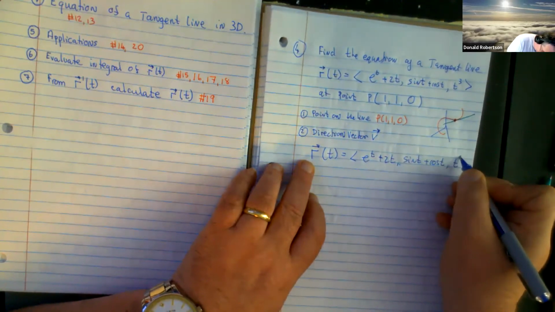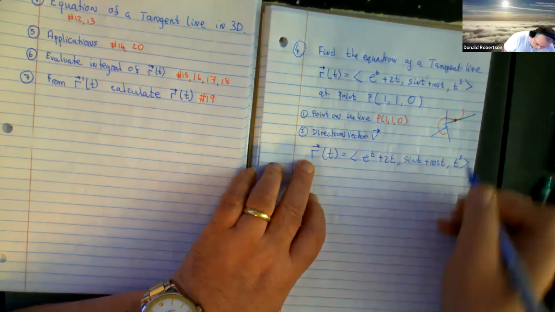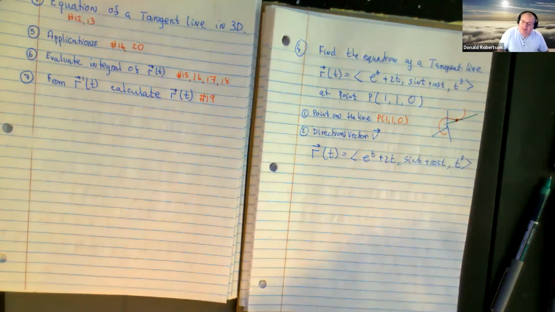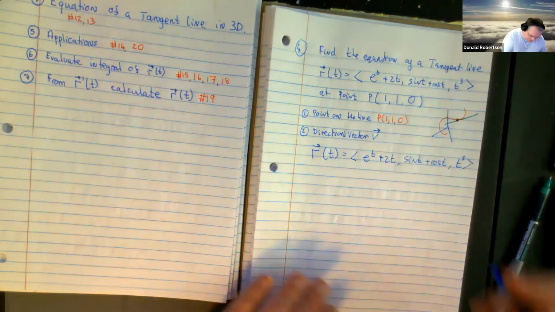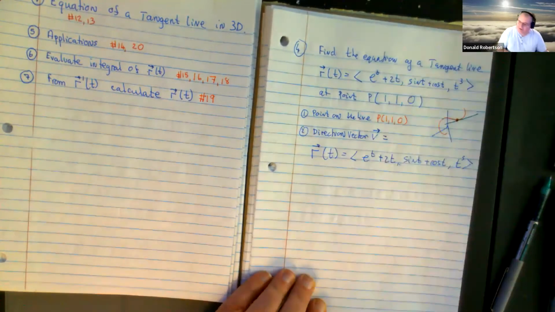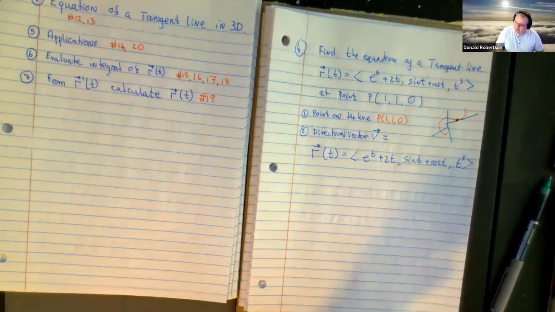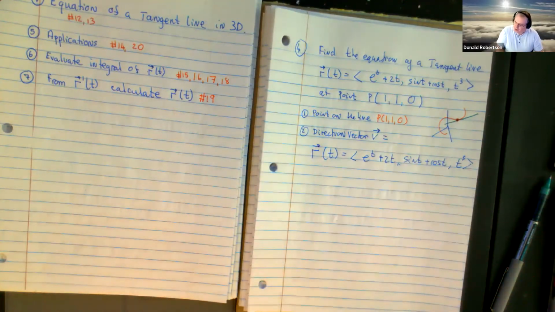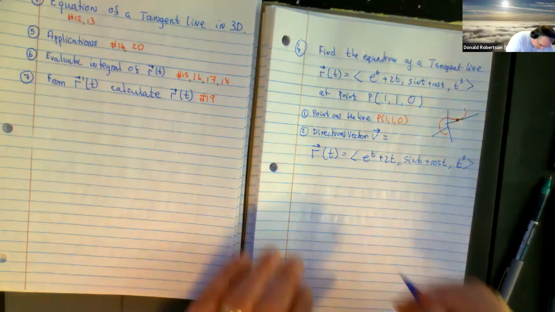And just like in Calc 1, I'm then going to plug in, in this case, a value of t, and that will give me my direction vector. See, derivative at a point, direction vector, right? Derivative at a point, slope. That's 2D, right? Derivative vector, direction vector.